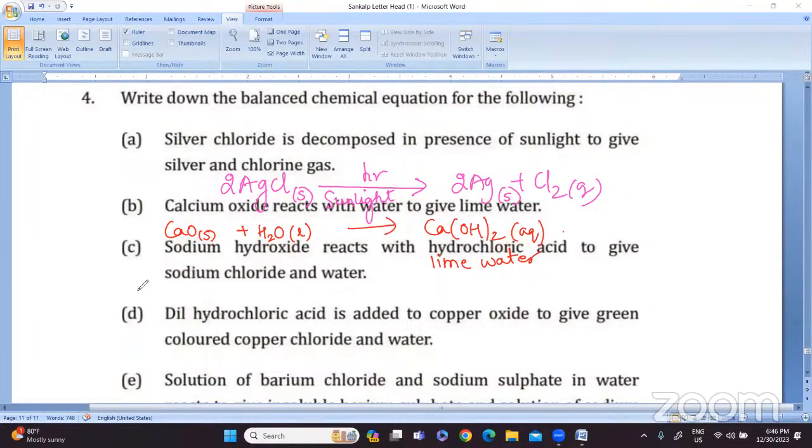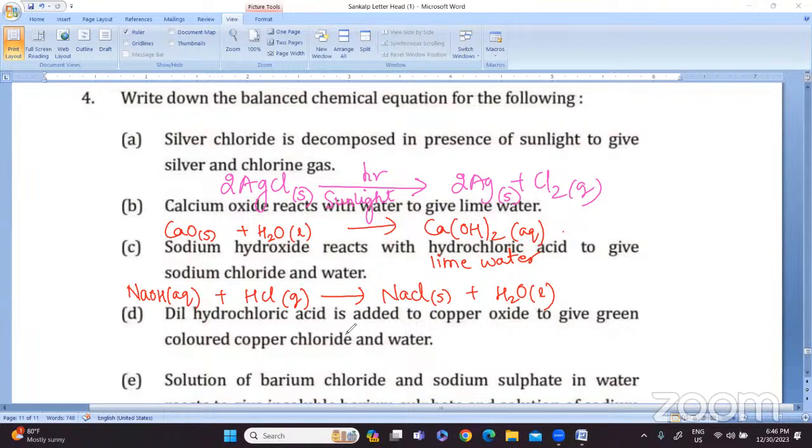Next one: sodium hydroxide reacts with hydrochloric acid to give you sodium chloride plus water. See whether it is balanced. Hydrogens are 2, oxygens are 2.